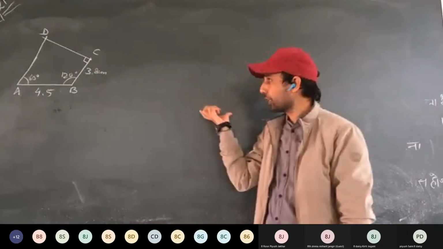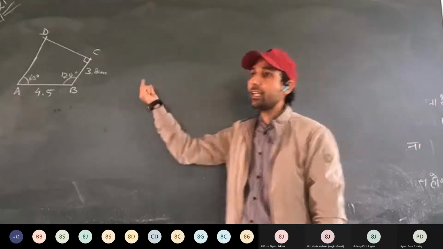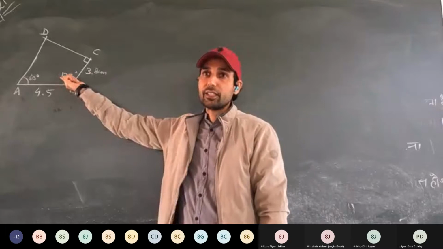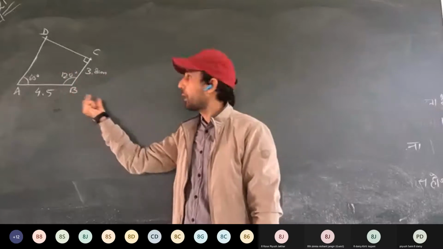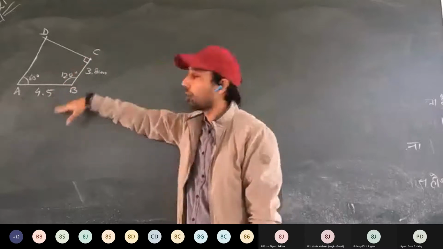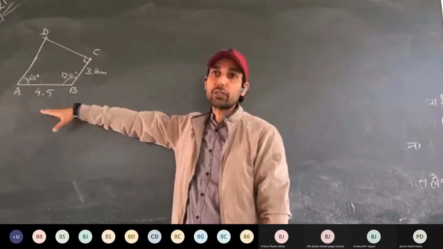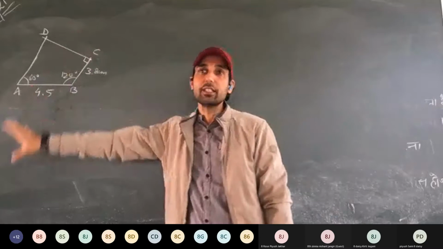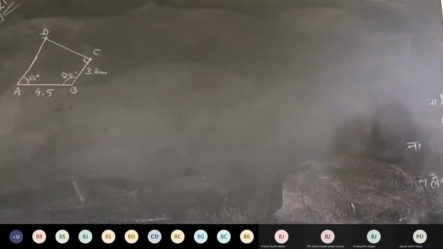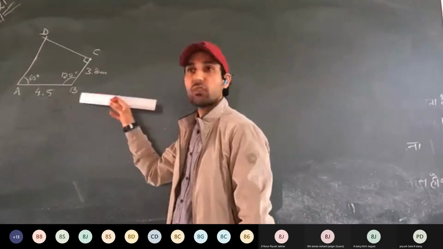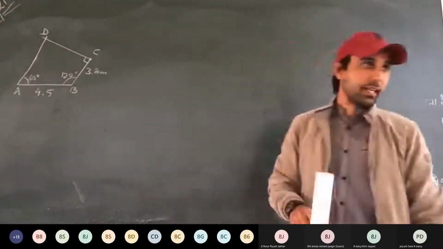So see here, it may happen that the figure we draw is a little or much different from the rough figure. But from the rough figure, we get the idea what kind of figure we have to draw and how to proceed. So first we will draw AB, of length 4.5 centimeters.